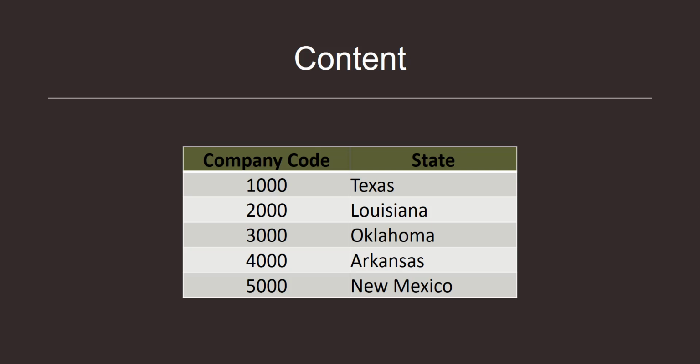Everything between 2,000 and 3,000 is Louisiana. So I don't have to specify that 2001, 2002, 2003, 2,233, that if a customer has a number like that, that starts with 2 and has 3 numbers to follow, it should be labeled Louisiana.